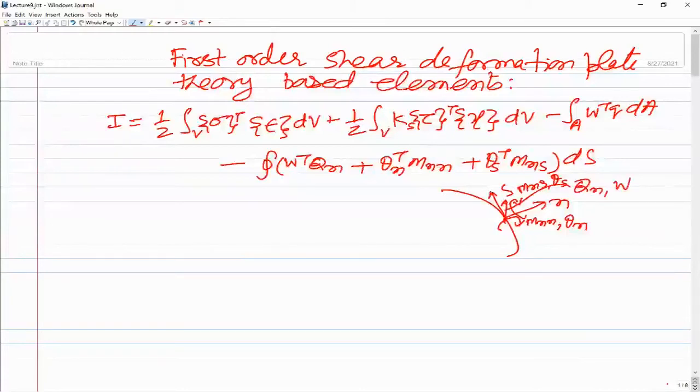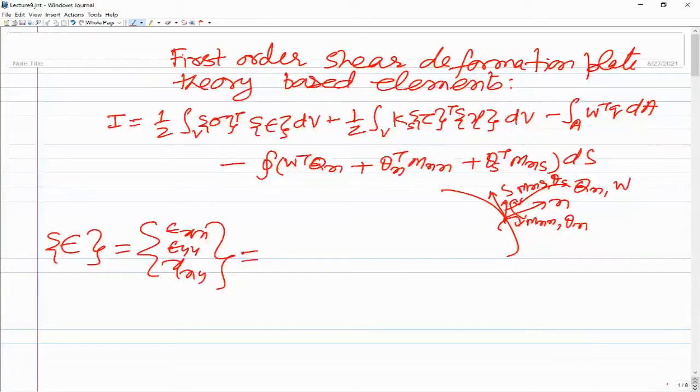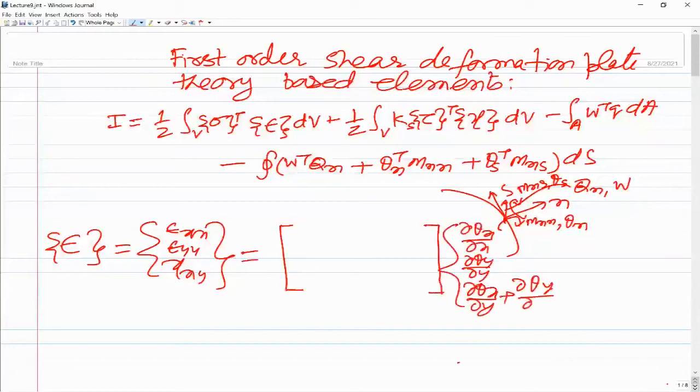Now if you look at the strain epsilon, which is epsilon xx, epsilon yy and gamma xy, the in-plane normal and shear strains, these are written in terms of z. We want to separate out the z, so we can write this as a matrix in z and then the curvature tensor: del theta x by del x, del theta y by del y, and del theta x by del y plus del theta y by del x.